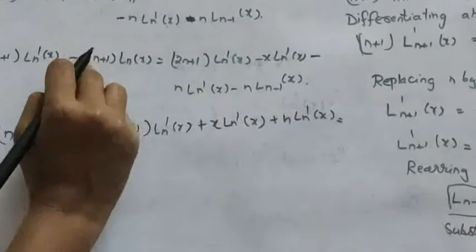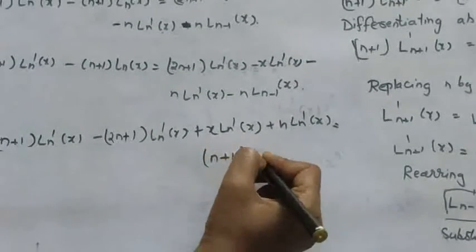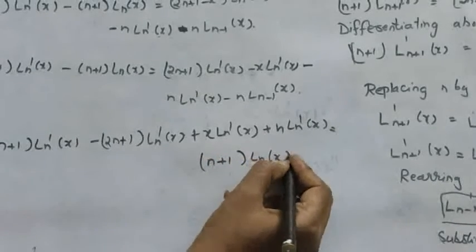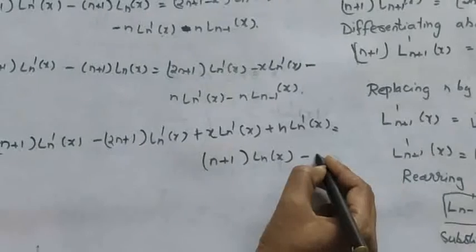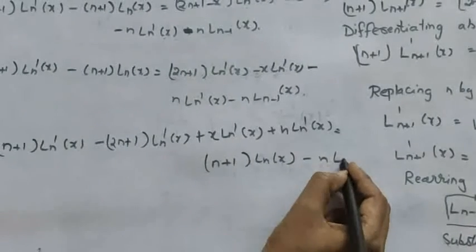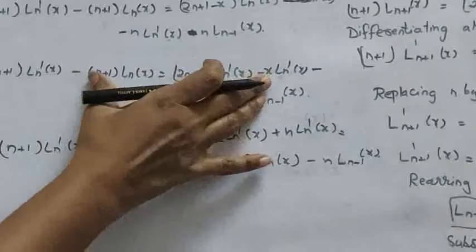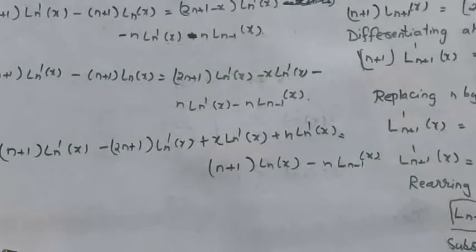As it is a minus term it becomes plus term in the RHS side, so plus n plus 1 ln of x minus this ln minus 1 of x. Yes, by rearranging the terms in this equation we got this equation.